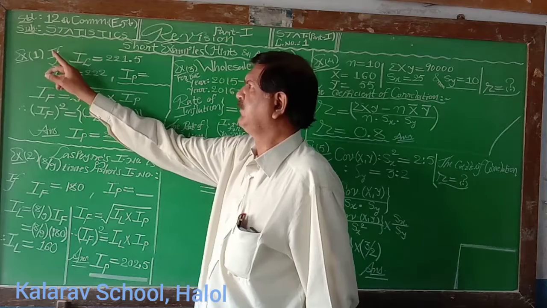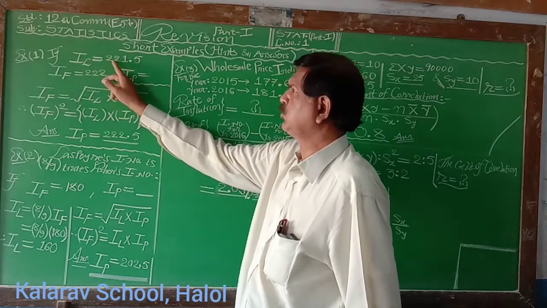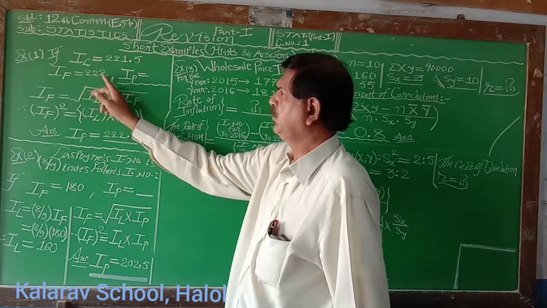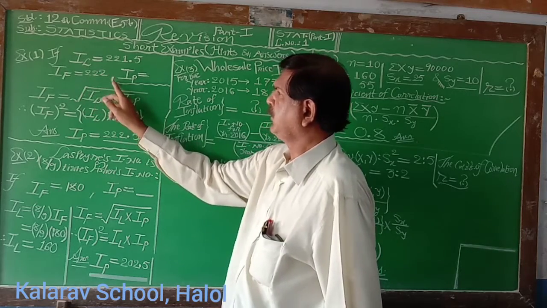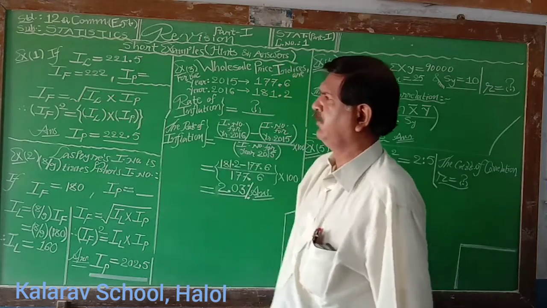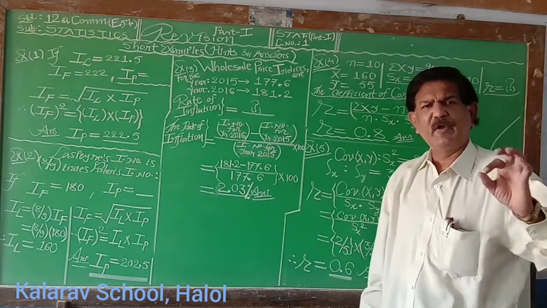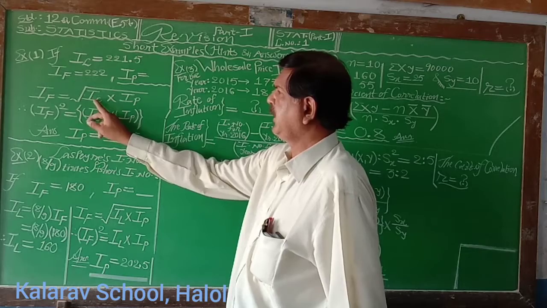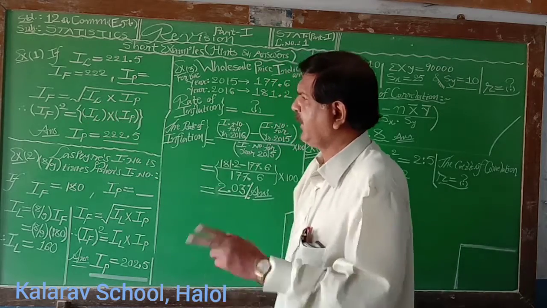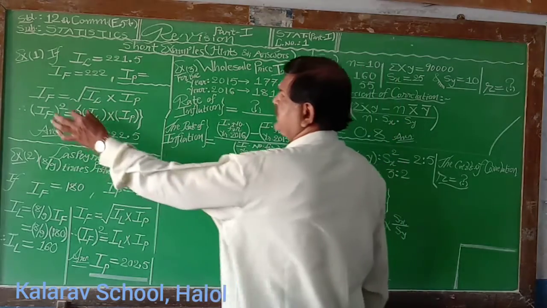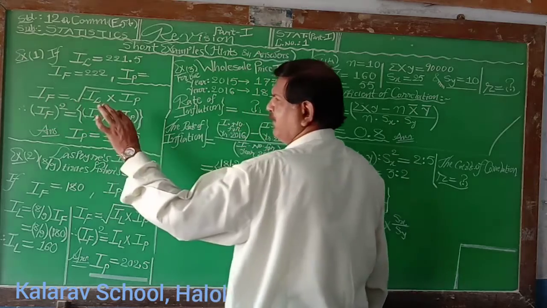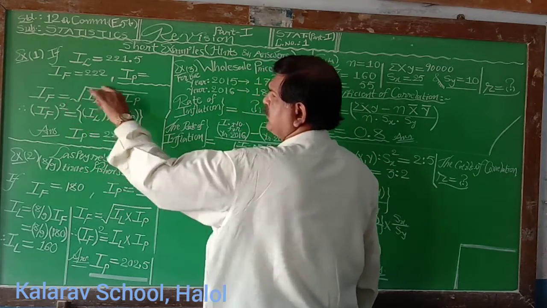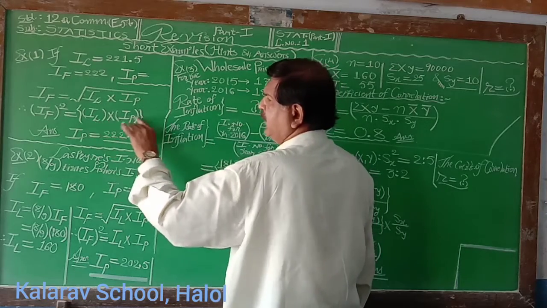Example number 1. Given that Laspeyres index number is 221.5 and Fisher's index number is 222, calculate Paasche's index number. The applicable formula is IF is given by square root of IL into IP. By making squares on both sides, left hand side and right hand side, IF whole square, then remove the square root sign, IL into IP.